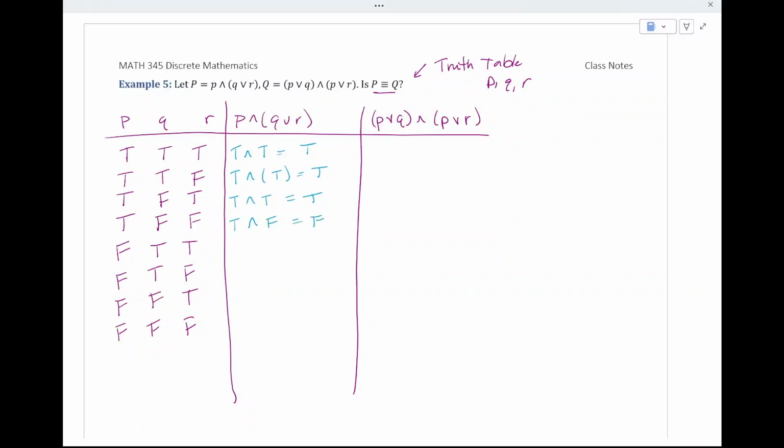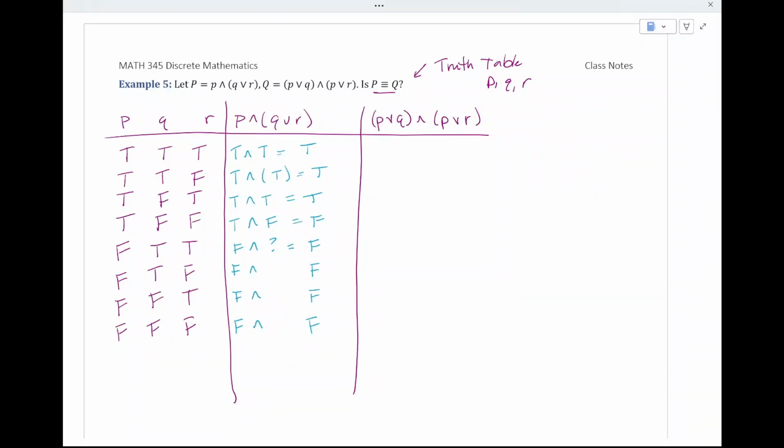So this one is false. And here I have false and again, it doesn't really matter what this is. False and is going to be false because in an and situation, both things have to be true. So here, when all of these P's are false, these are all going to be false. So I save myself a little bit of time there.